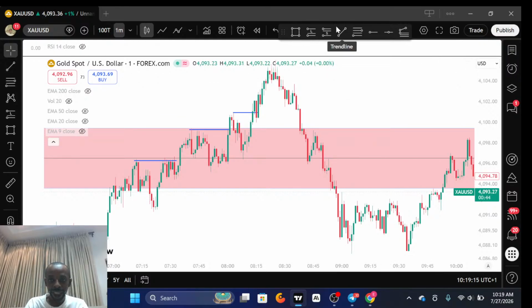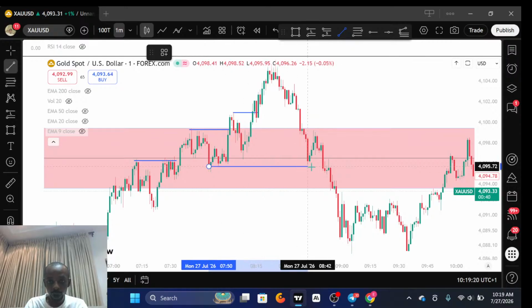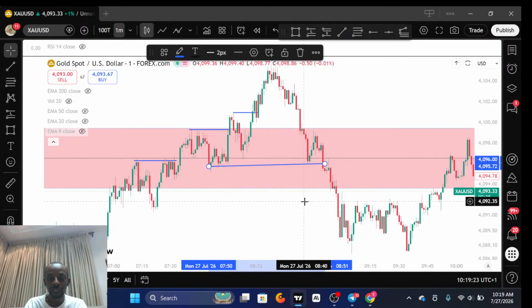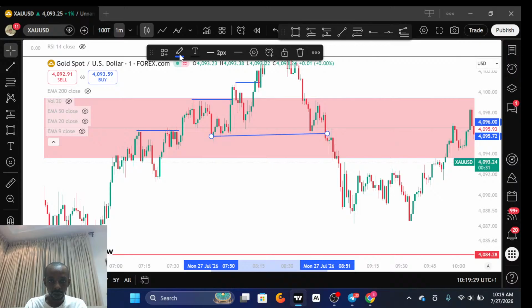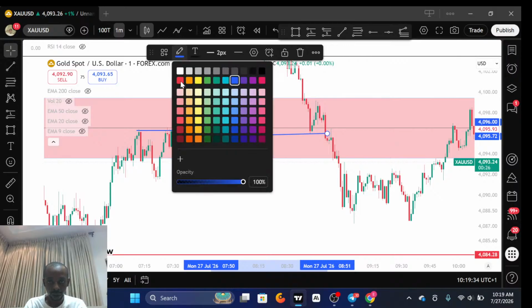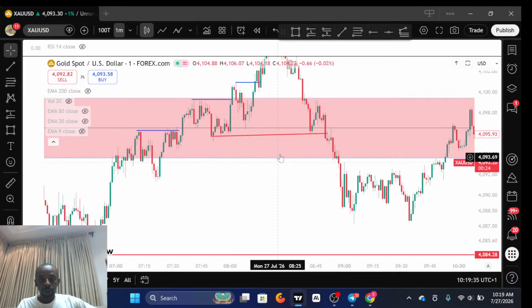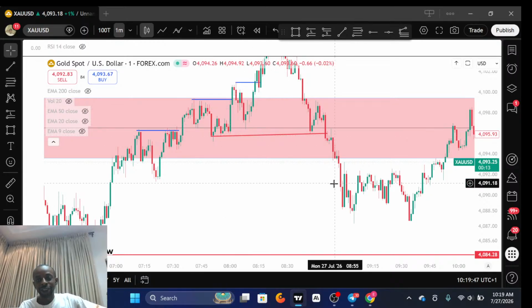Then once it broke the last one, this level, the market has changed. They call it a change of character. Once it breaks the last origin of this break of structure, we know the market has changed character.